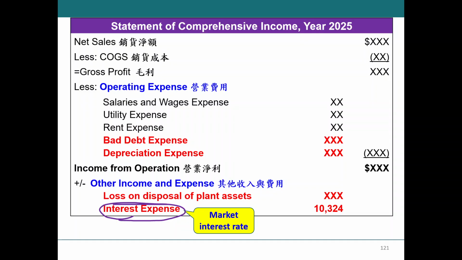So the number always should be market interest rate. So market interest rate is based on your first cost of borrowing, right? So your first cost. So what's your first cost? Contractual interest rate. Plus, what's your second cost?